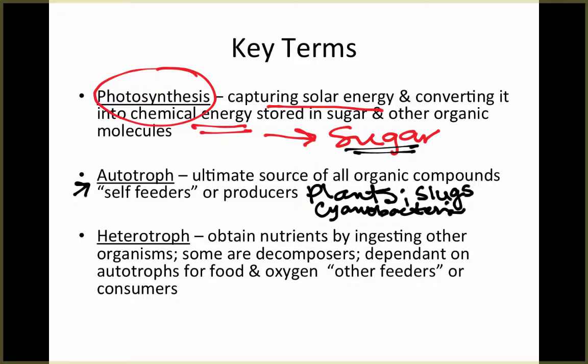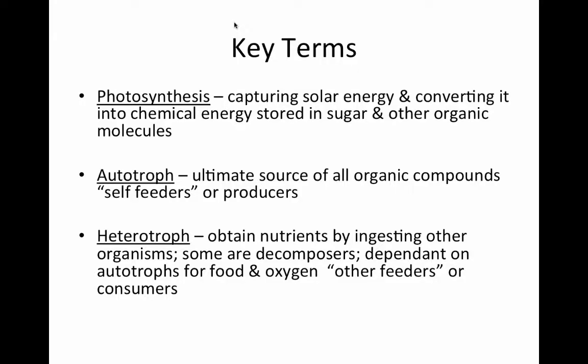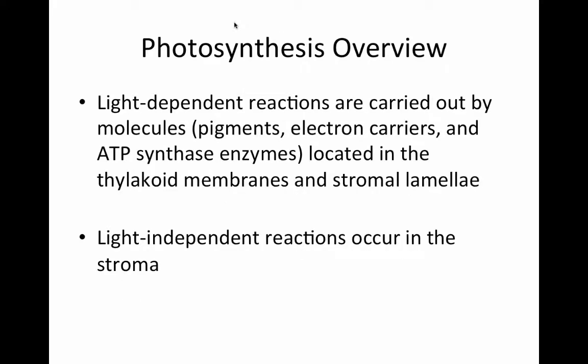Now, heterotrophs are things that obtain nutrients by ingesting other organisms. So animals are a perfect example of these. So we're going to focus on how autotrophs make their food through photosynthesis.